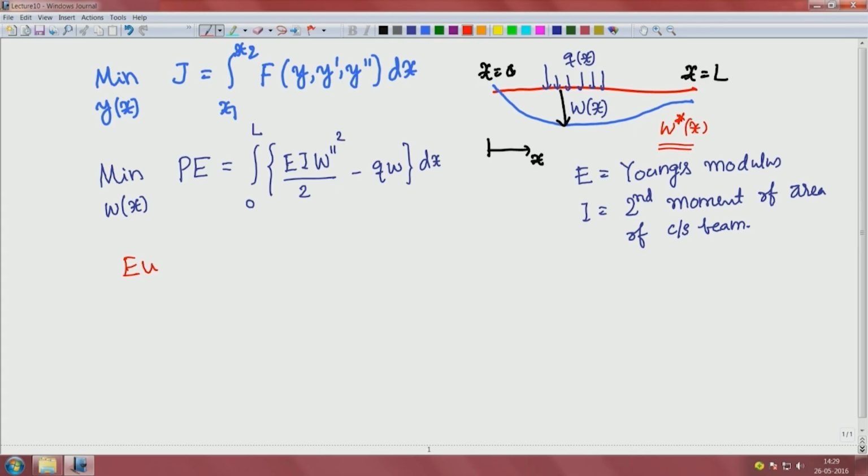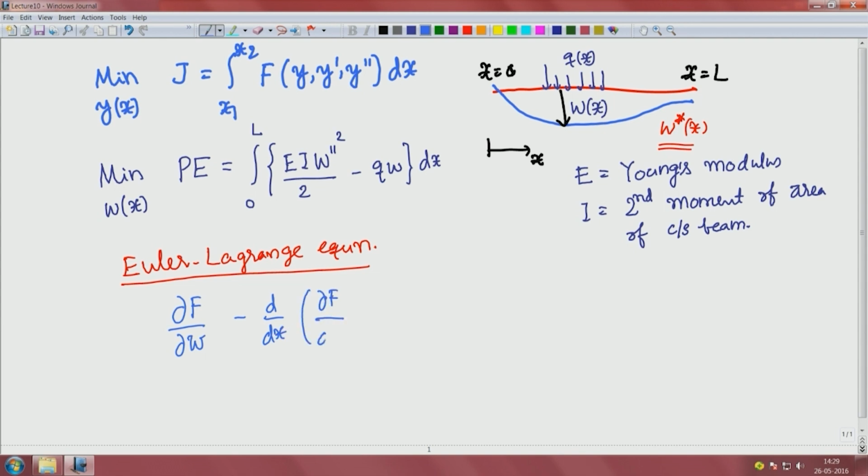So, here we have the Euler-Lagrange equation, and that one, if you recall, was dou f by dou y, in this case it will be w, minus d by dx of dou f by dou w prime plus d square by dx square of dou f by dou w double prime equal to 0.